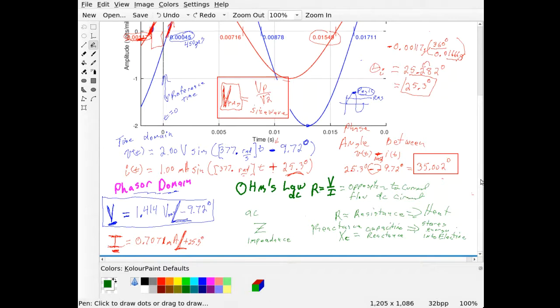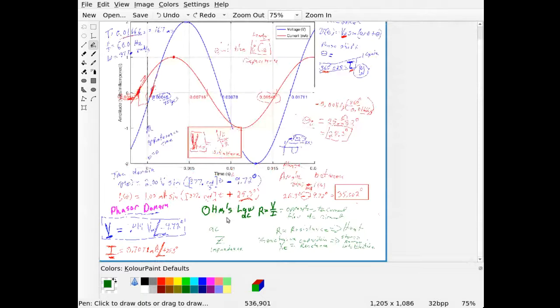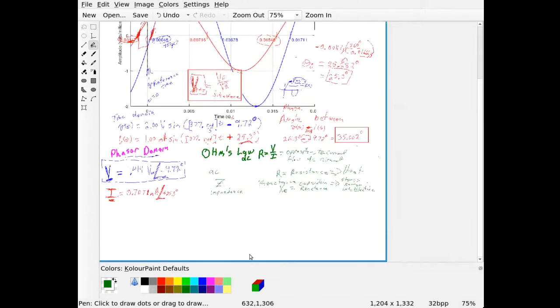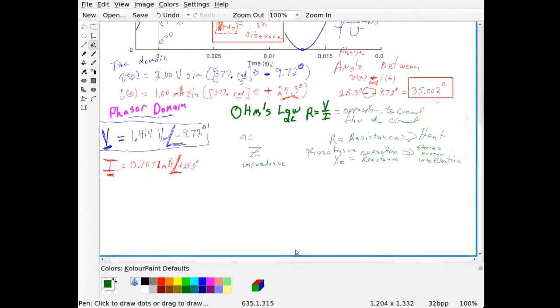Now, with an inductor, I'm going to resize a little bit here to give me a little bit more room. Okay, an inductor, on the other hand, stores energy into a magnetic field.